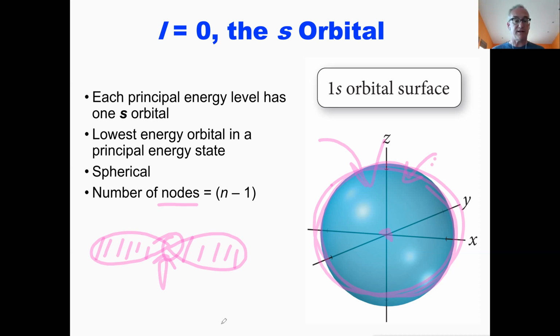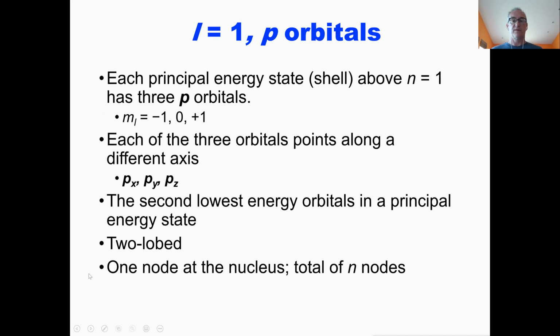Okay, so let's have a look and see what that shape looks like. So each shell above the first one has a p subshell in it. It has one p subshell in it. And each subshell has 3 orbitals. And this is the address for those 3 orbitals: -1, 0, and +1. That's the address for each one of the 3.